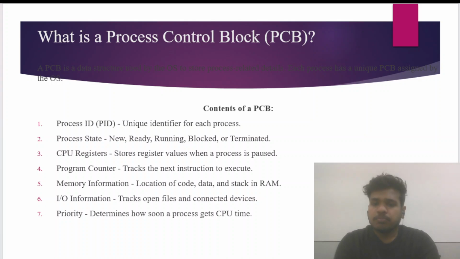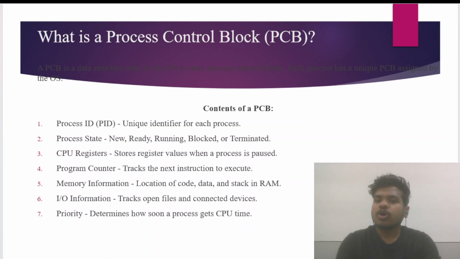So in the PCB, there are several fields of information about a process. The first one, the most important, is the process ID. It is a unique number assigned to each process. Then we have the process state, or the current state. It tells the state that it is currently in.